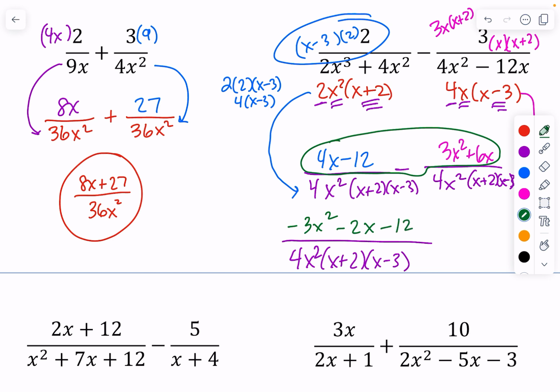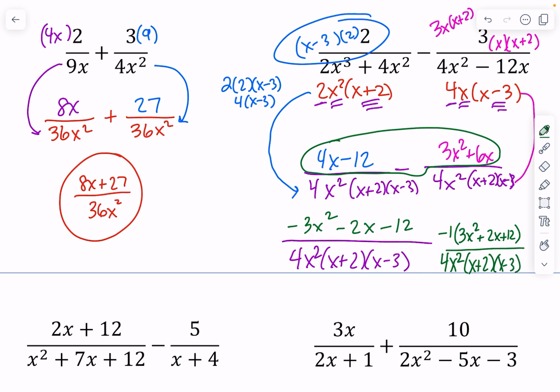I am going to GCF out at least a negative 1 so that I can see if coefficient factoring would work right here. Keep the denominator. And so I'm looking to see if there's anything that multiplies up to 36 that adds up to 2. I'm not finding anything, so this is as simplified as it can go. But I do leave it with that GCF out front.